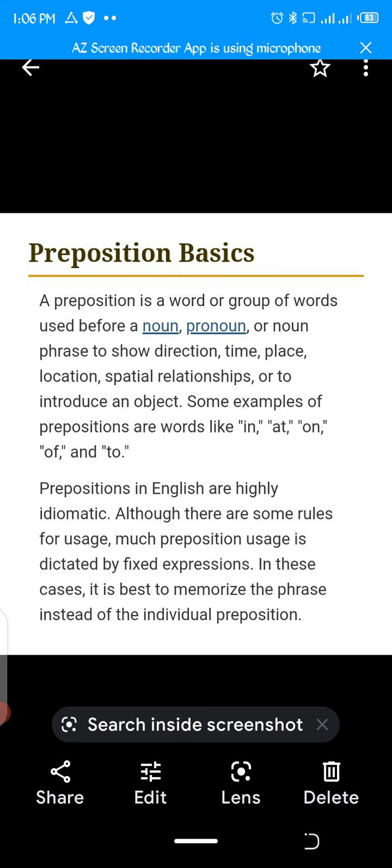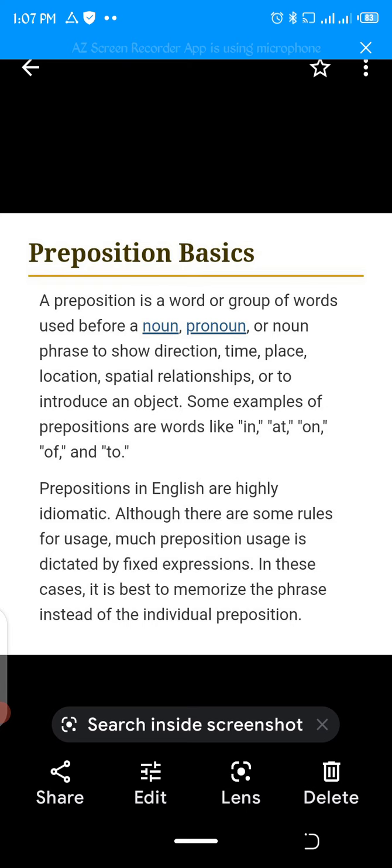Prepositions are generally used to show the relationship between two things in a sentence, either between a subject and an object. A subject is the doer of an action, while the object is the receiver of an action.